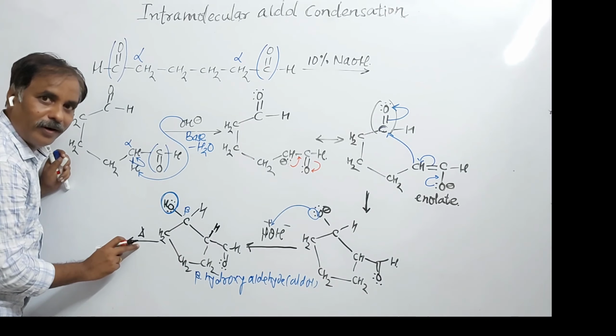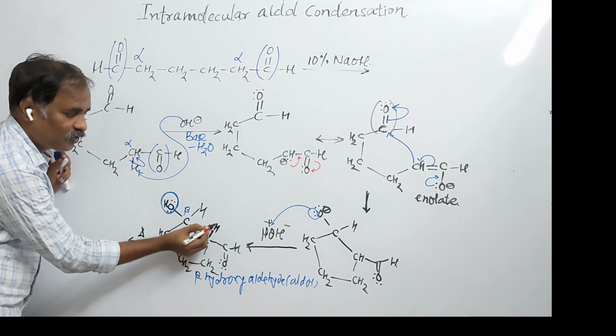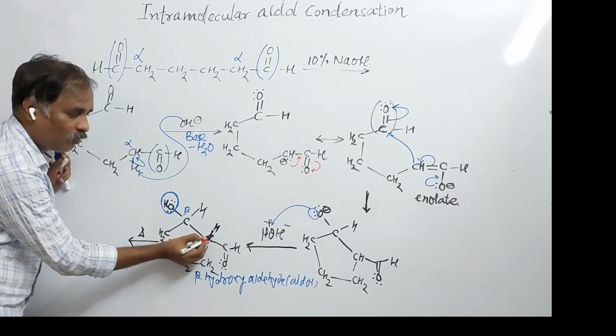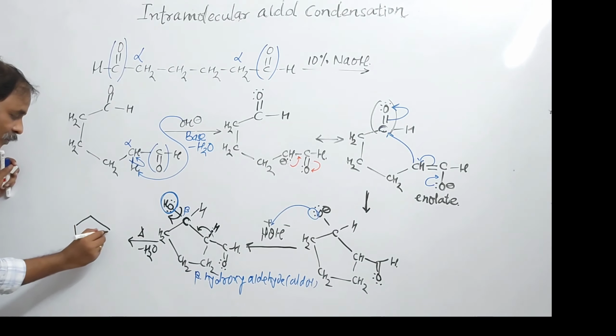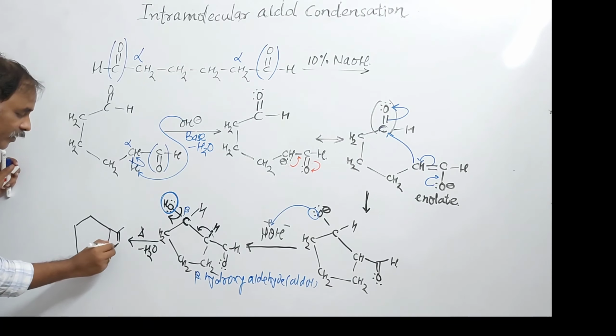So this carbon-hydrogen single bond will break, this bond will shift here, and a carbon-carbon double bond will form. This carbon will be pentavalent now. So removal of this OH. So this H and this OH, removal of H2O, and the formation of an alpha beta unsaturated aldehyde.